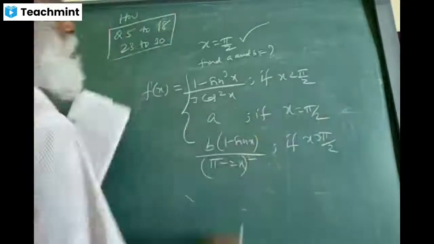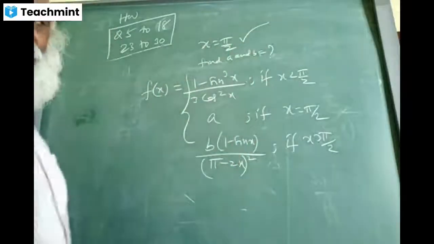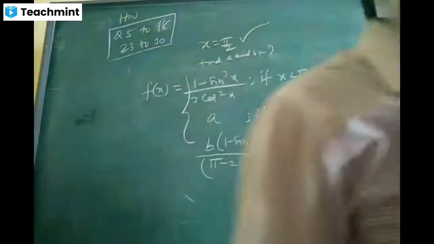He has given that f is continuous at pi by 2, so find the a value and b value. What is the answer, Avantika?